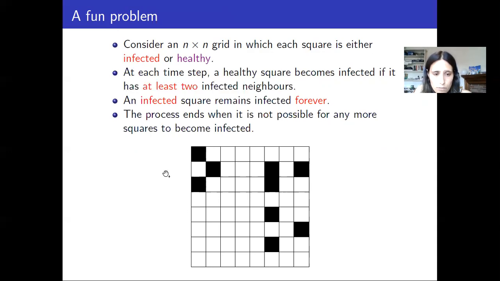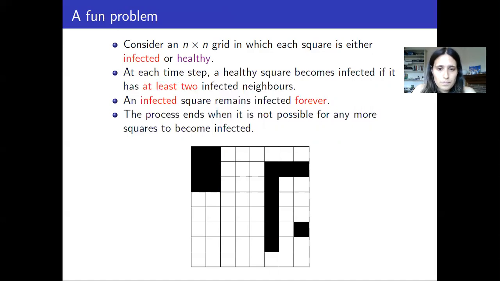So for example, in the first time step, this square here has 2 infected neighbors. I should be clear: when I say an infected neighbor, I mean a square that shares a side with my square. So this square here has 4 neighbors, and for it to become infected, I need at least 2 of them to be infected. So after one time step, all of these red squares will become infected because they will have at least 2 infected neighbors.